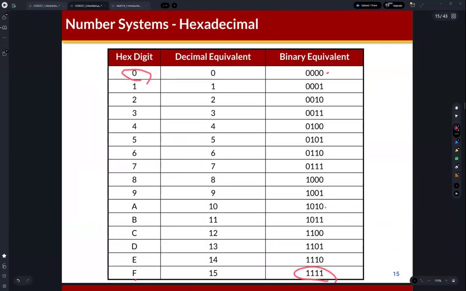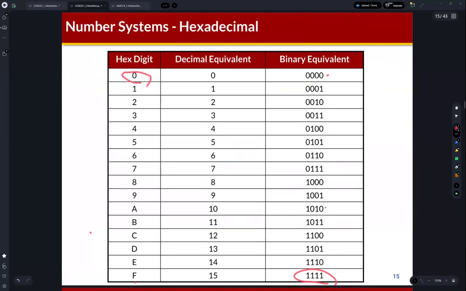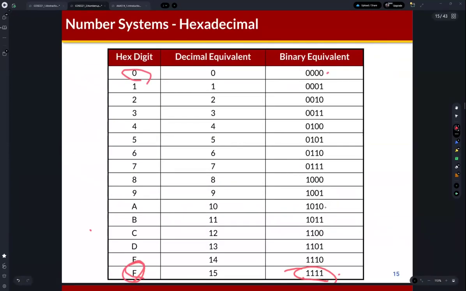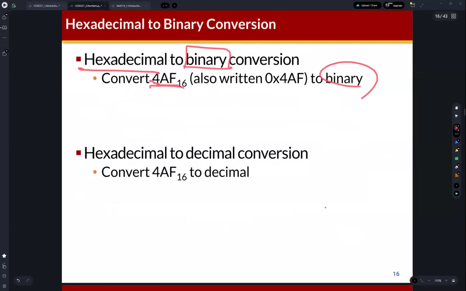Using the previous table, we can see that F is mapped to 1111, so we don't need to calculate for this conversion. I mentioned that one digit of a hexadecimal number is equivalent to 4 digits of a binary number.